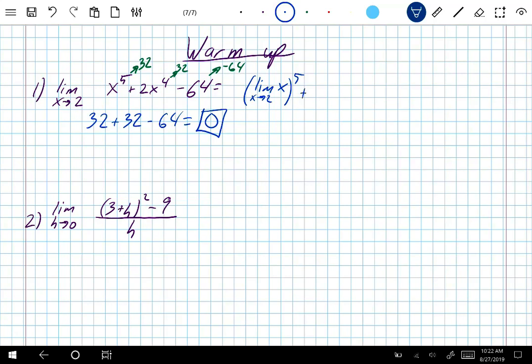Plus, I can pull out that 2, and I can do the limit as x goes to 2 of x to the 4, and I guess minus, oh no, I just erased my whole thing, minus the limit as x goes to 2 of 64. This is a 2, this is a 2, this is a 64 because the 64 doesn't care what x does.